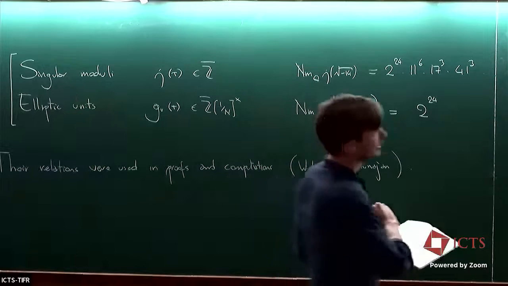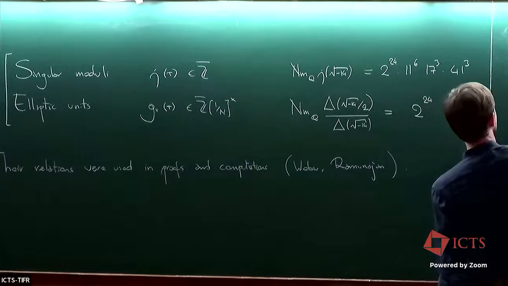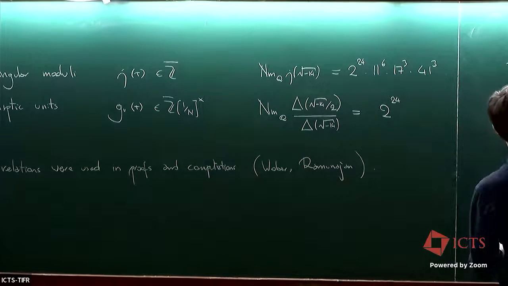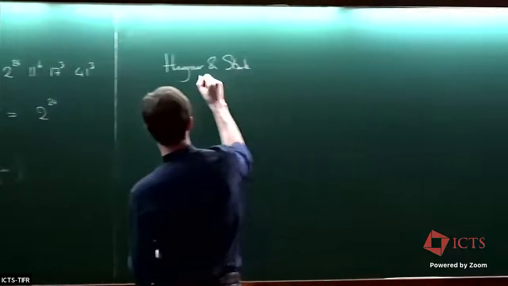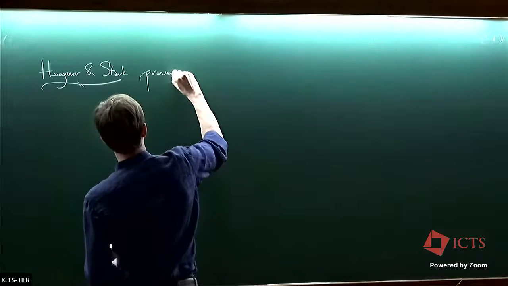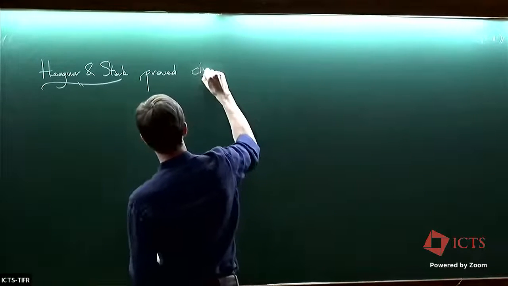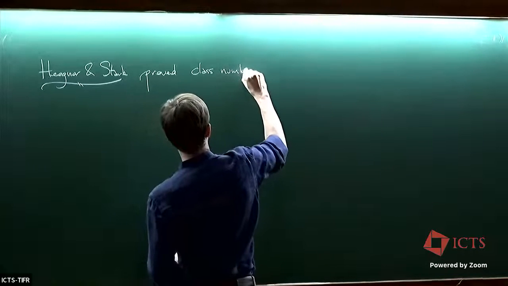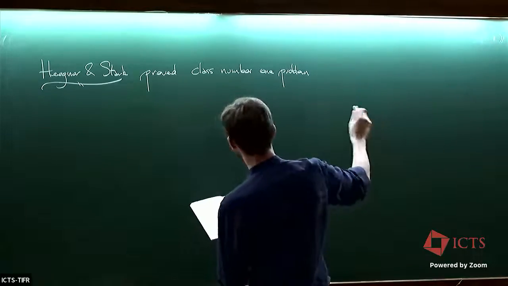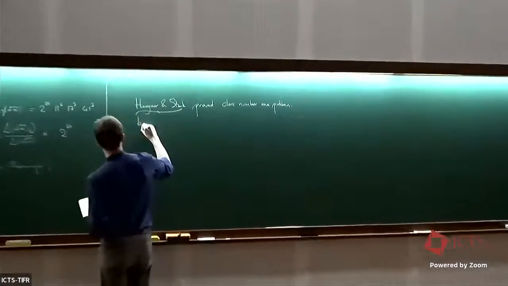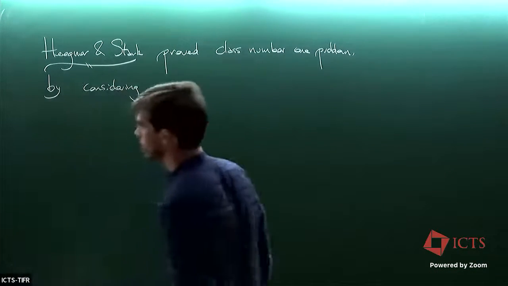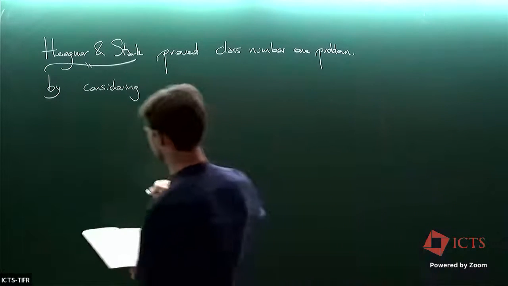Now, famously, this also came up in the proof of the class number 1 problem, which was also mentioned this morning, due to Heegner and Stark. They proved the class number 1 theorem by considering, in what nowadays we might like to view as a consideration of the following diagram.